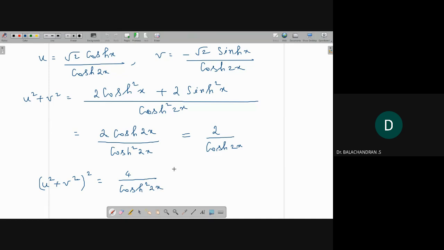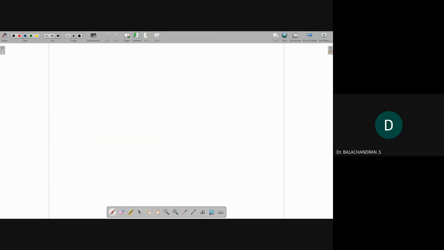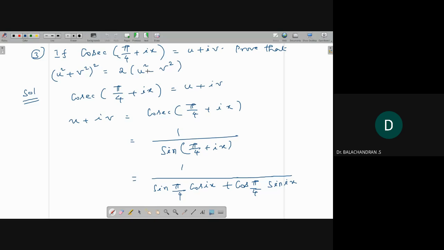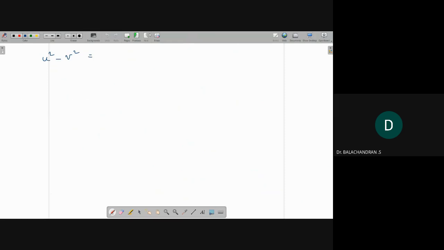Then the problem is over. So that's why I'm going to take u square minus v square first. Originally you have 2 times (u square minus v square) on the right hand side. Just consider u square minus v square now. Later you can multiply by 2.